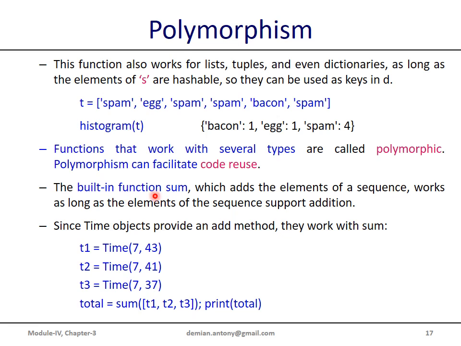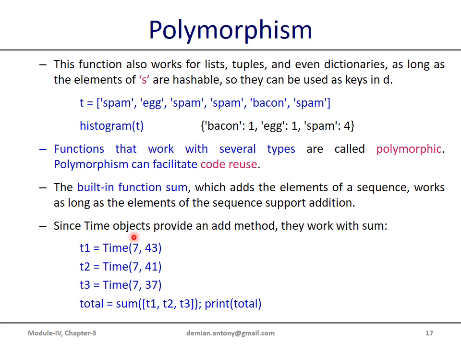If you see the built-in function sum, which adds the elements of a sequence, it works as long as the elements of the sequence support addition. For example, even if you have a sequence with floating point numbers, the sum will work. Similarly, for integers, it works.